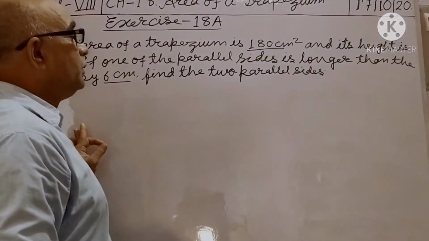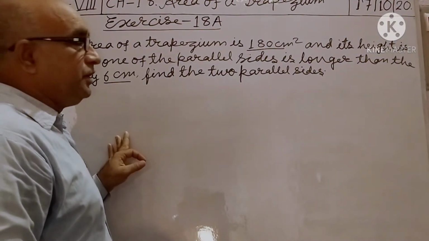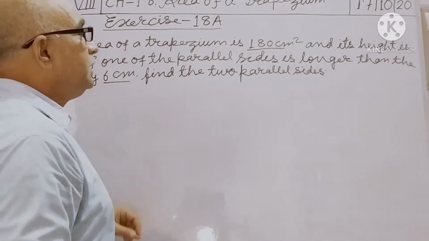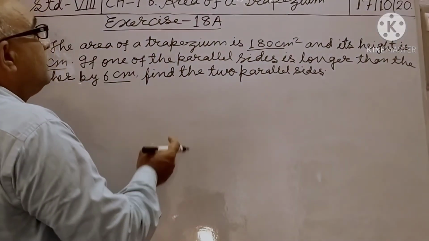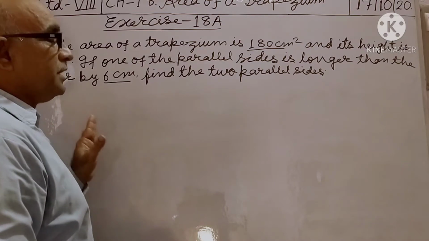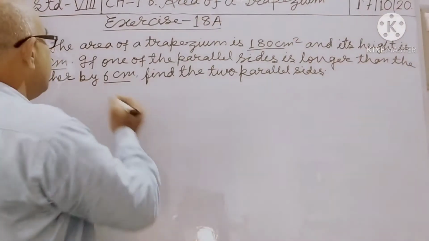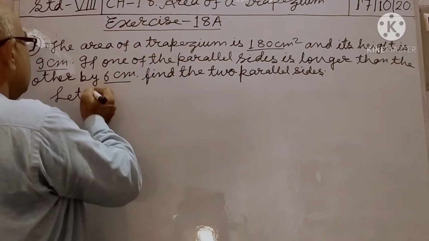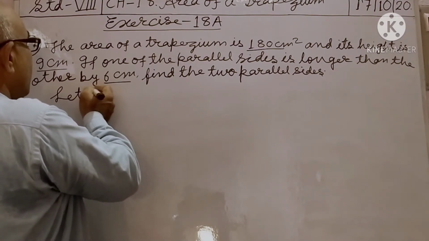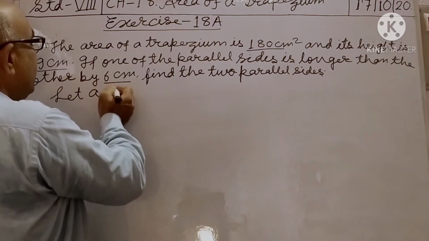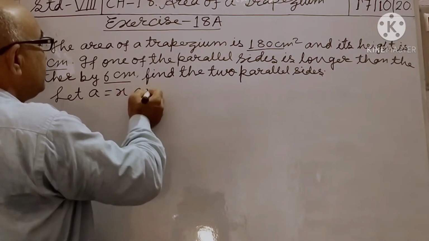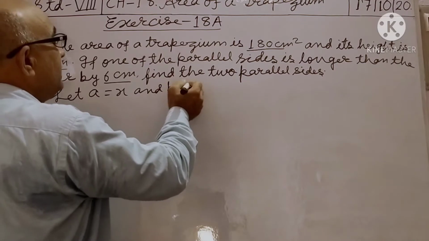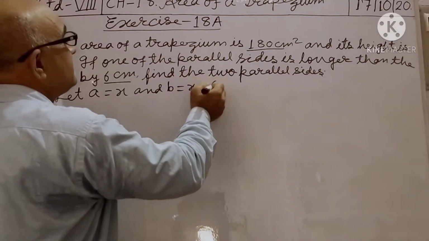Students, we know that area of a trapezium is 1 by 2 into sum of parallel sides into height. Here given one side is longer than the other by 6 cm. So let one side A equal to x and other side B equal to x plus 6.